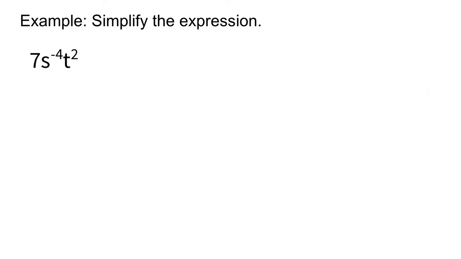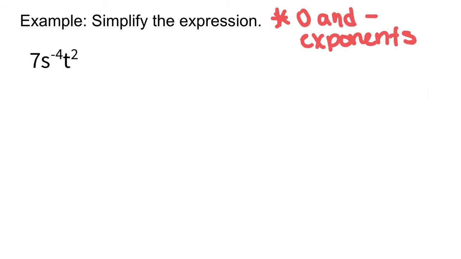In our next example, again, we start by trying to identify negative and 0 exponents. And if I look, I can see that I have a negative exponent with the s to the negative fourth.